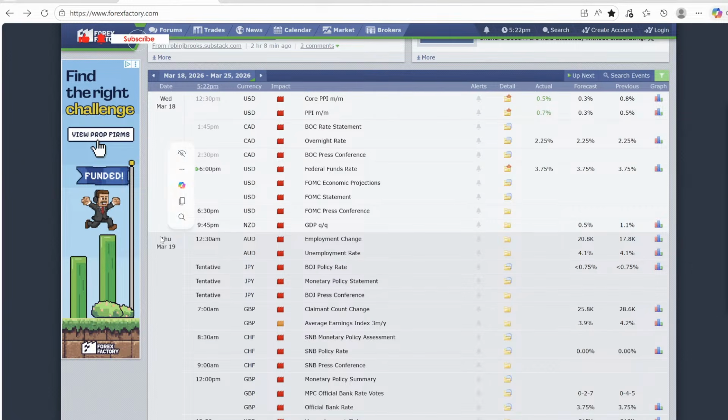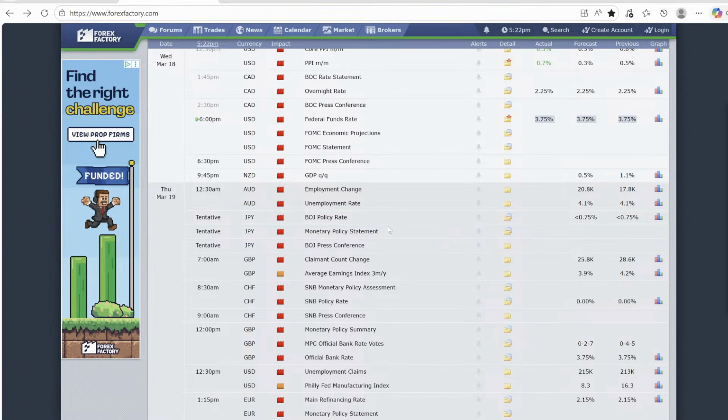And by the way, has anybody seen all the news that has been coming out this week? And really, it's not even moving the market. It's other things that have been moving the market. We had Canadian interest rate this afternoon, which didn't really do a whole heck of a lot. We had U.S. interest rate just now. Tonight we have yen interest rate, which they're not planning on changing either.